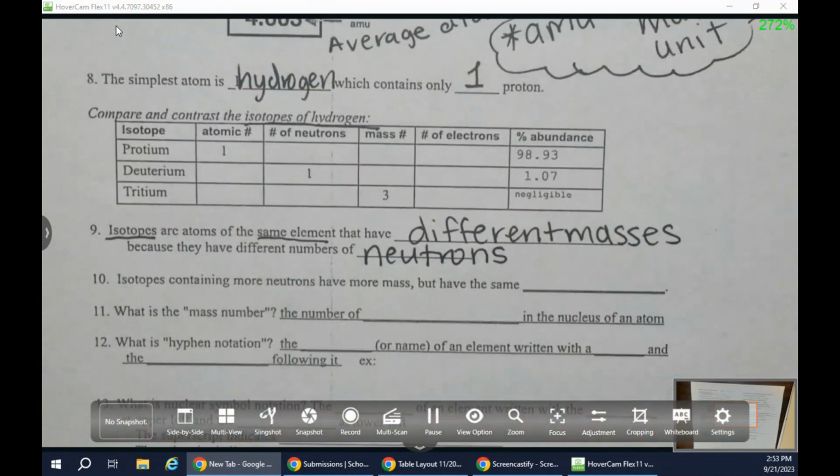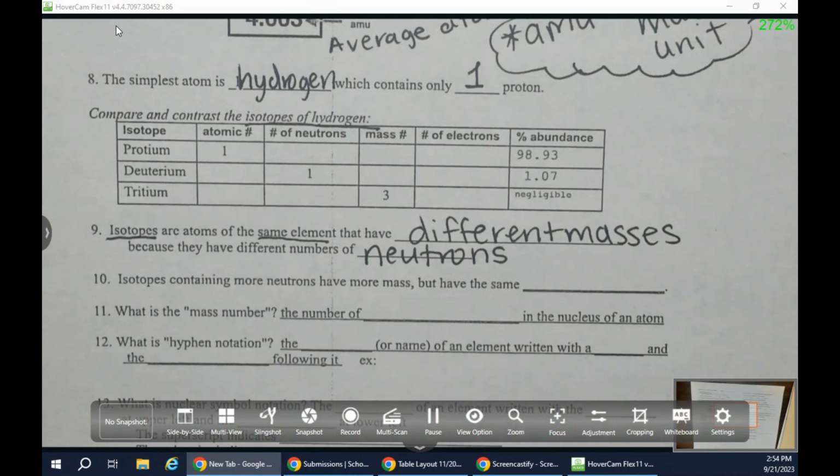Ultimately, neutrons don't really contribute anything to the atom. They're not giving it a charge or anything like that. They're just like extra mass. To put it in perspective, it's kind of like fat, right? You have some hydrogens that have more fat on them and some that have less fat on them, but it's still hydrogen.